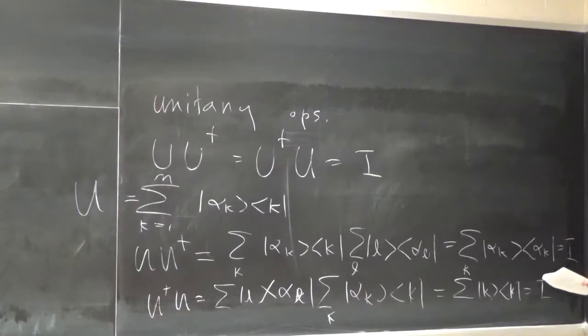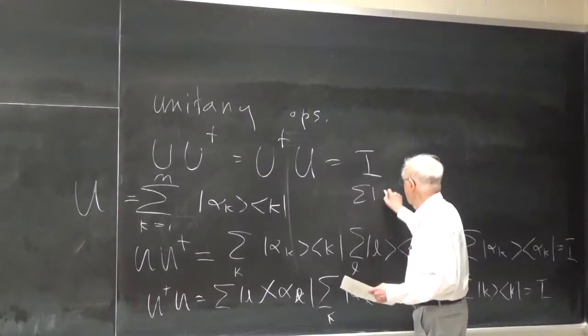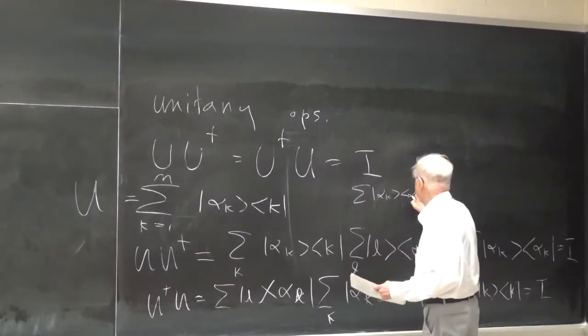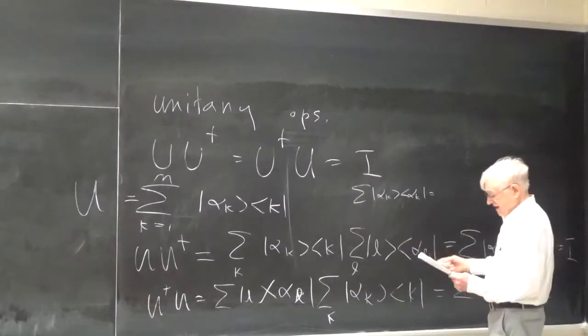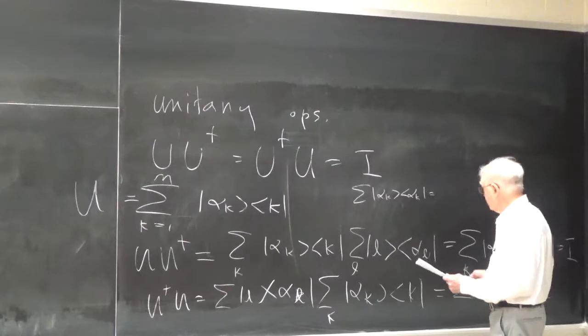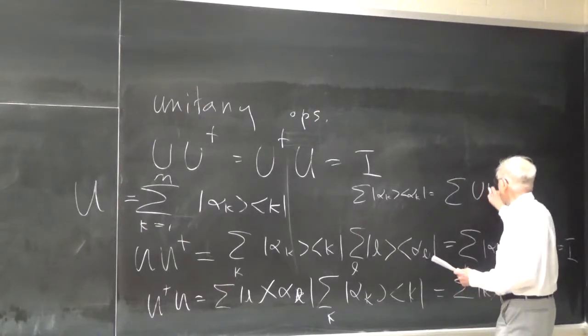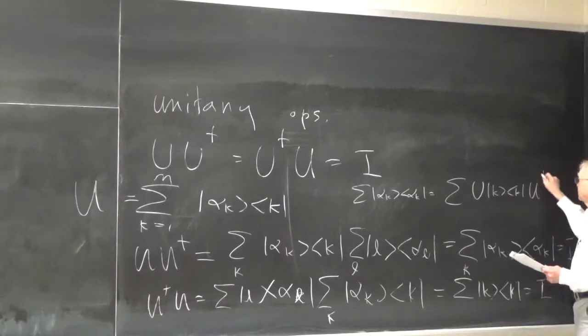And we can think of this identity operator as a sum alpha k, but you can also think of alpha k as a sum u on the state k and k u dagger.